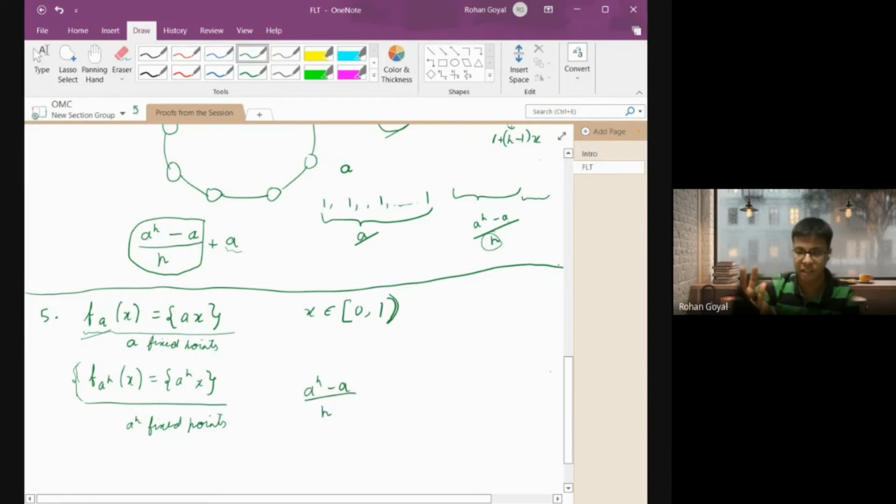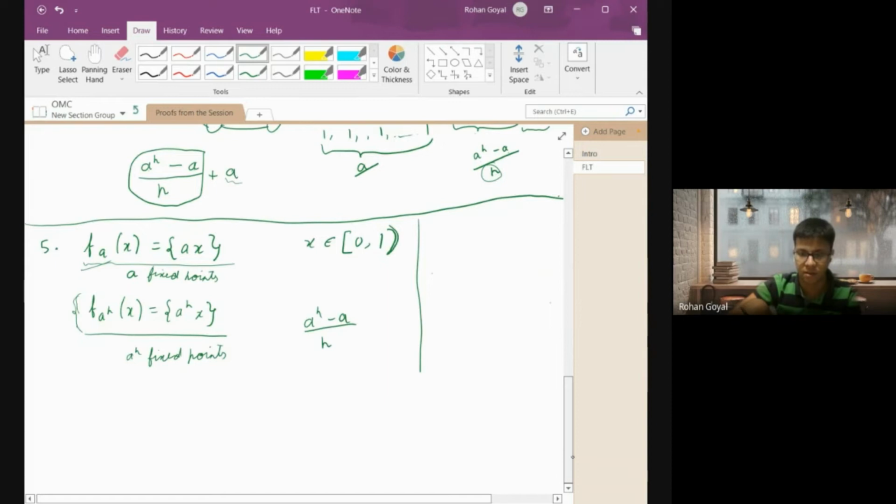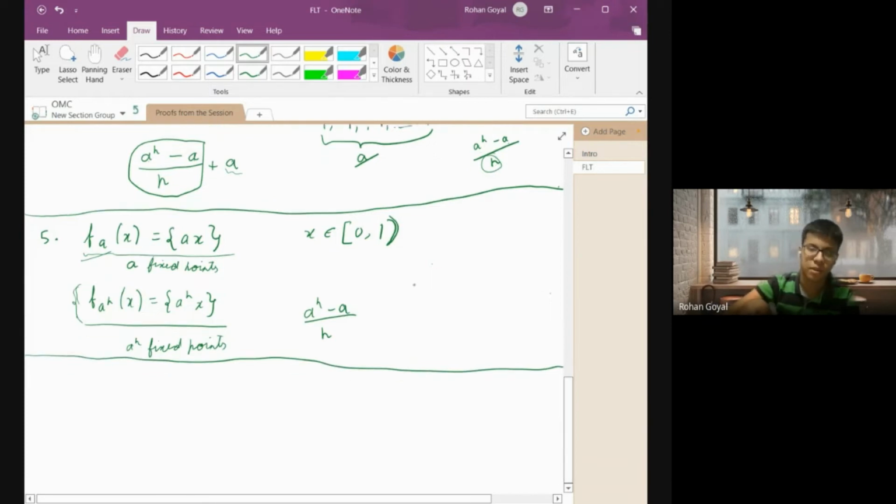I know it was very fast, and it's probably not a good way to explain, but this is one of the ideas, and you can check it out, I think you'll find it on Wikipedia, even if you look for it. A fixed point is where f(x) equals x.